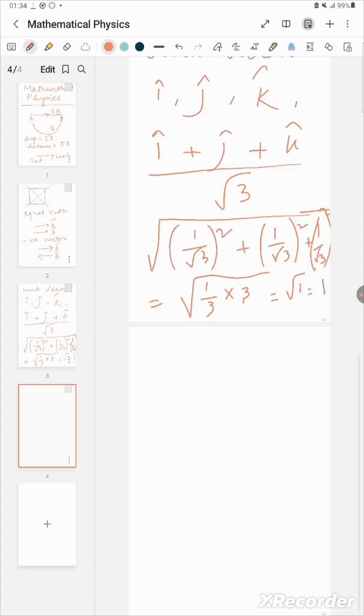Now coming to the next type of vector, the null vector. What is a null vector? A null vector is a vector which has zero magnitude. The fifth type of vector is the cyclic vector. Vectors which follow an enclosed path are basically called cyclic vectors. What will be an example of a cyclic vector? It would be theta cap, because theta follows a cyclic path.